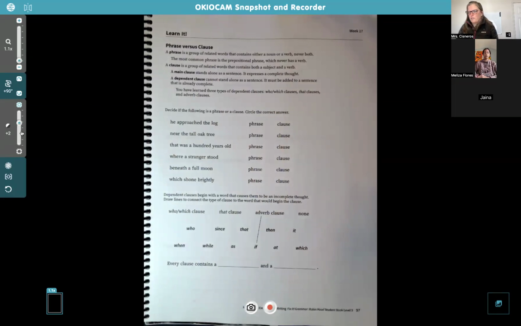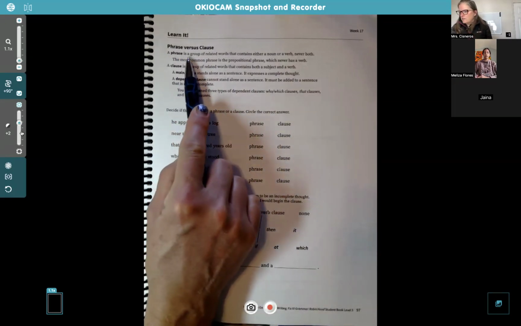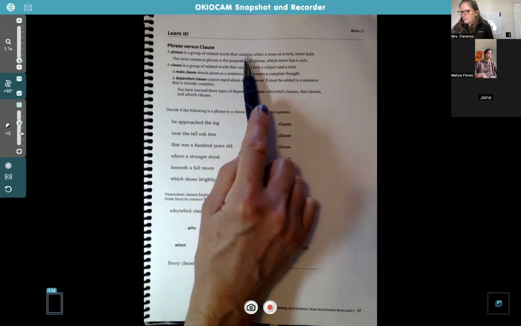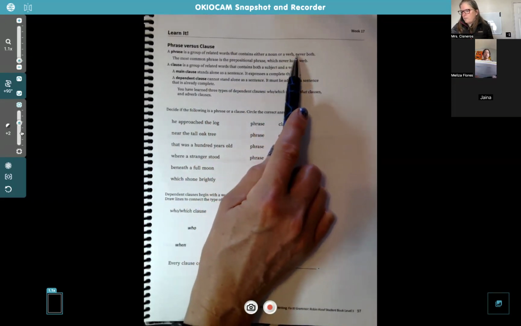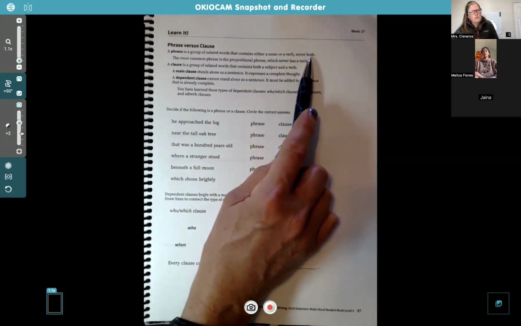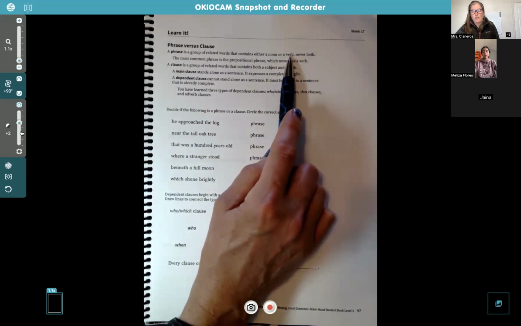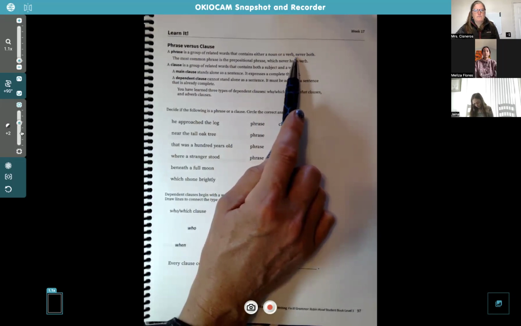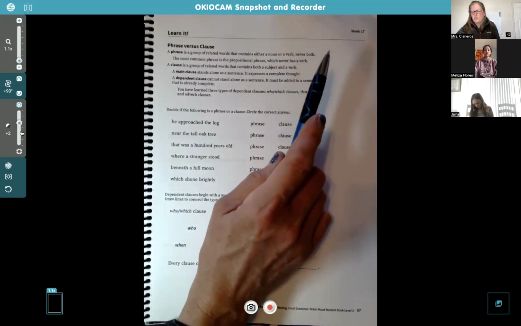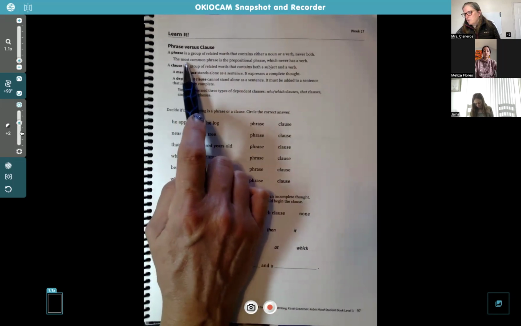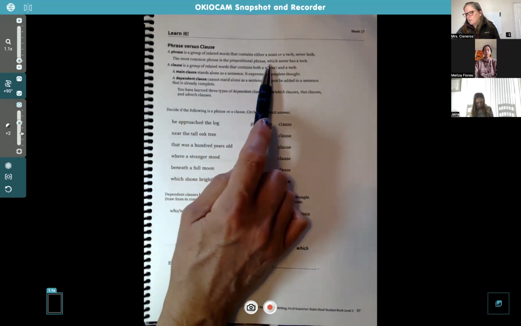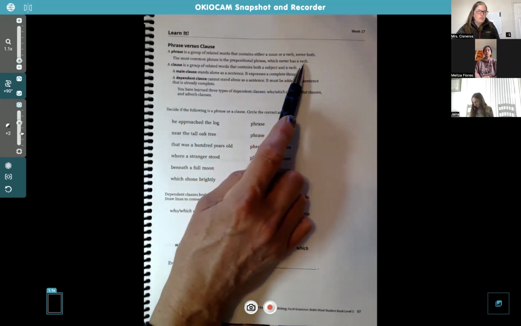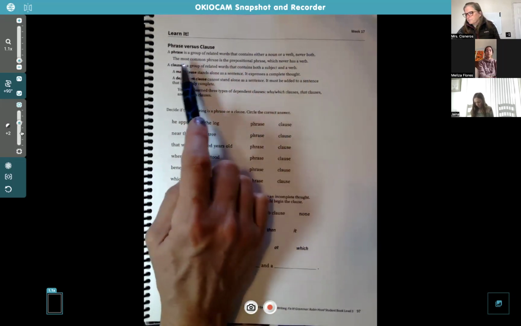A phrase is a group of related words that contains either a noun or a verb, but never both. The way we memorized it last time was it usually does not have a verb in it. Here it says it could have a verb, but it never has both a noun and a verb at the same time. But the good rule of thumb is it usually doesn't have a verb. The most common phrase is the prepositional phrase, which never has a verb.